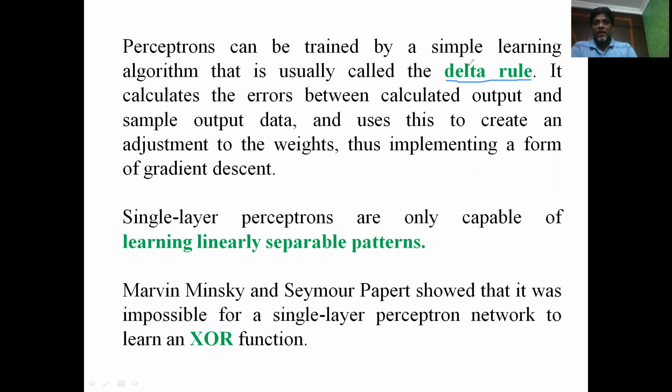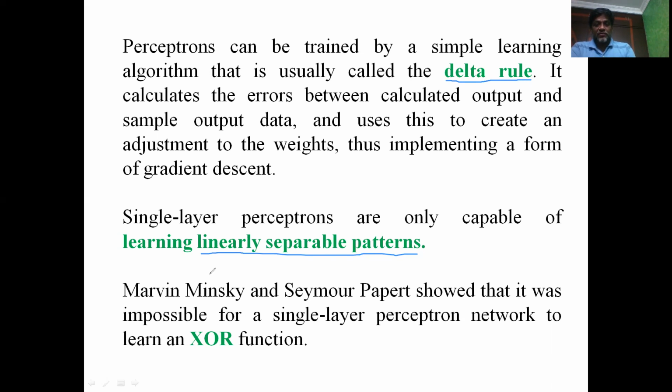So generally, perceptrons are trained using basic learning algorithms such as the delta rule. Single layer perceptrons are only capable of learning linearly separable patterns. We already saw this as a disadvantage of perceptrons, because they can only be designed if the input patterns are linearly separable. We saw this in the third unit.